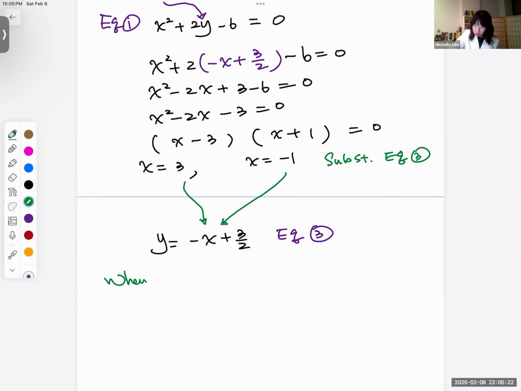So when x equal to negative 1, y equal to negative of negative 1 plus 3 over 2. Wait a minute. We have another negative sign in front, right? Can you see that? We have a negative there.